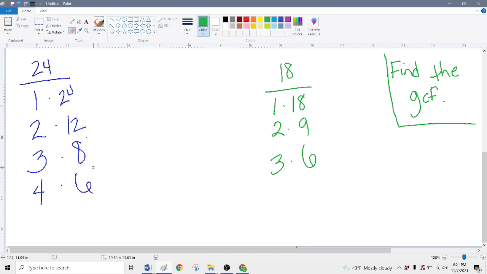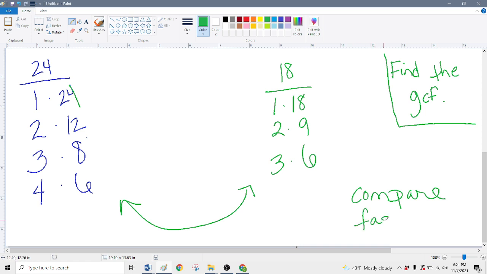So when we're finding the GCF for two different terms or two different numbers, we're comparing these lists. We're looking for all the numbers that are the same, the factors that are the same.